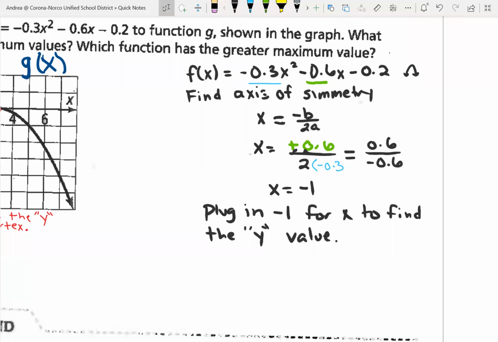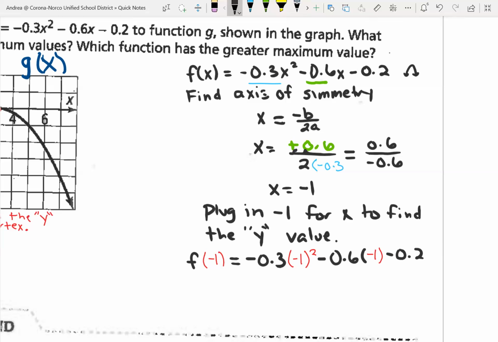So I'm going to have f of negative 1 equals negative 0.3 times negative 1 squared minus 0.6 times negative 1, and then minus 0.2. Any questions?